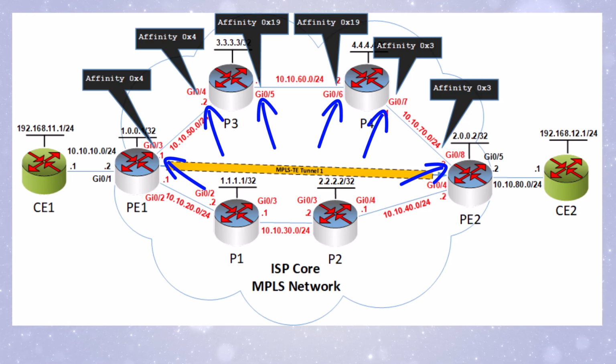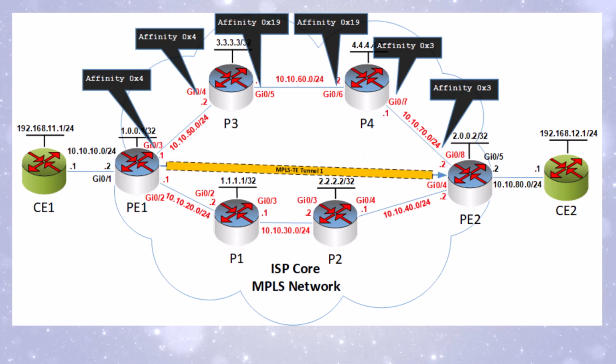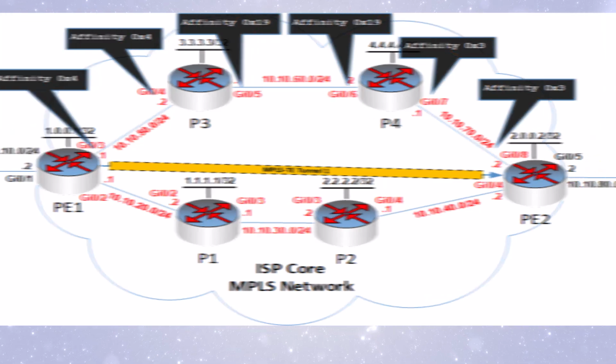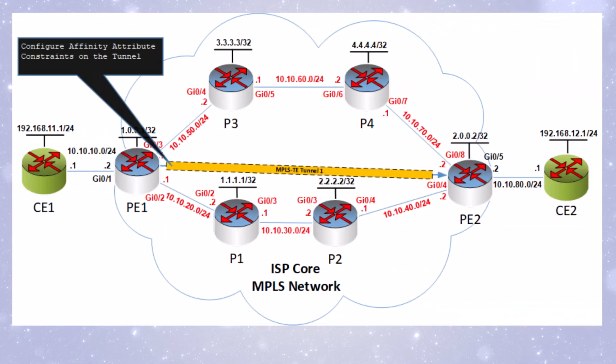So each of these interfaces along this path are given a specific set of affinity attributes. Each one can have the same or different affinity attributes. Next, we can configure a set of affinity constraints for our tunnel. We do this on the head-end router where we configure all of our tunnel parameters.